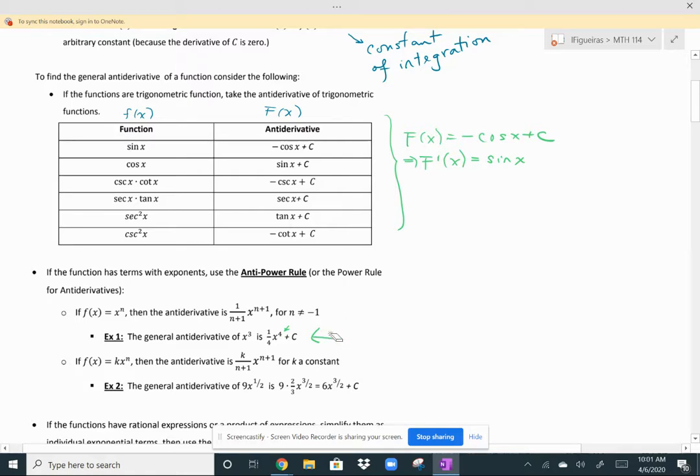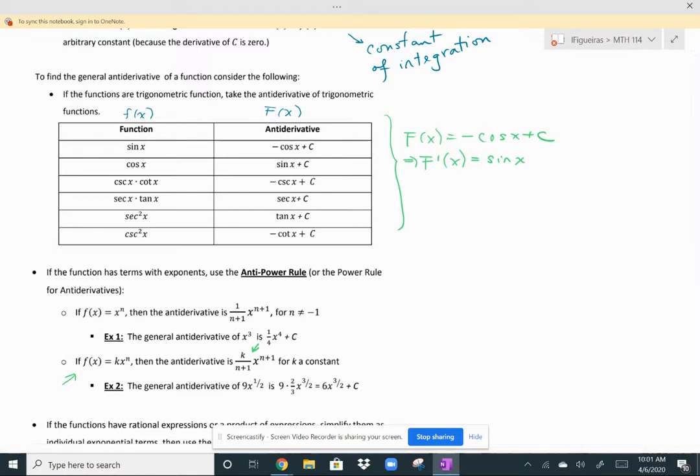The same is true if you have a coefficient in front of the variable. I'm calling the coefficient k. So if f of x equals k x to the n, k just gets multiplied by the antiderivative of x to the n. So you get k over n plus 1 x to the n plus 1.